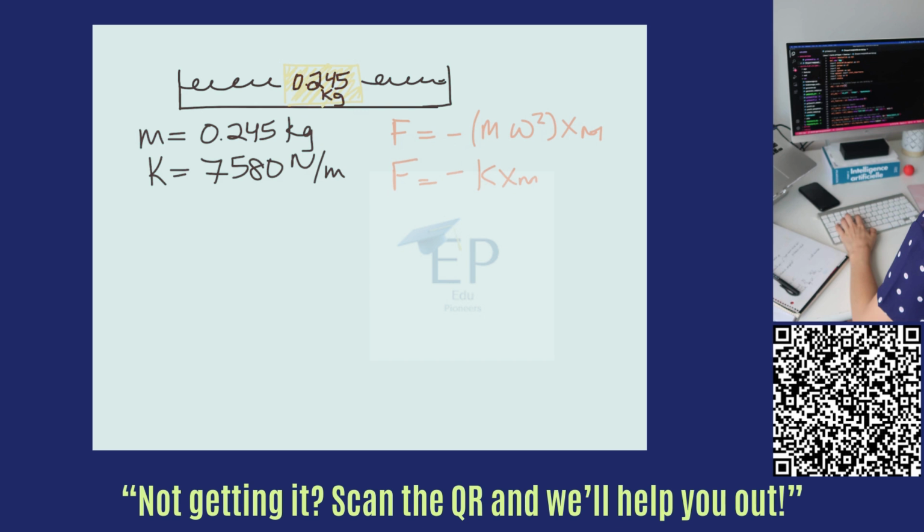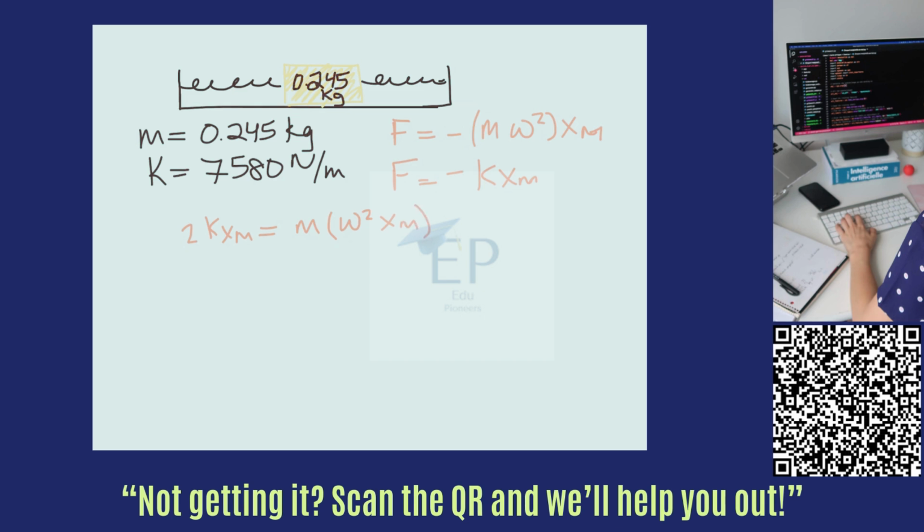Now, because there are two springs, I am going to have to double my spring constant portion of the equation. So what my equation is eventually going to look like is 2 times k times my amplitude is going to equal my mass times omega squared times my amplitude, my xm.